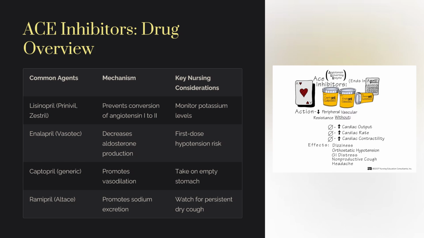One of the biggest risks with ACE inhibitors is angioedema, where they get facial swelling, and airway is my biggest concern in that case. So if somebody develops facial swelling, what do I want to tell them to do?